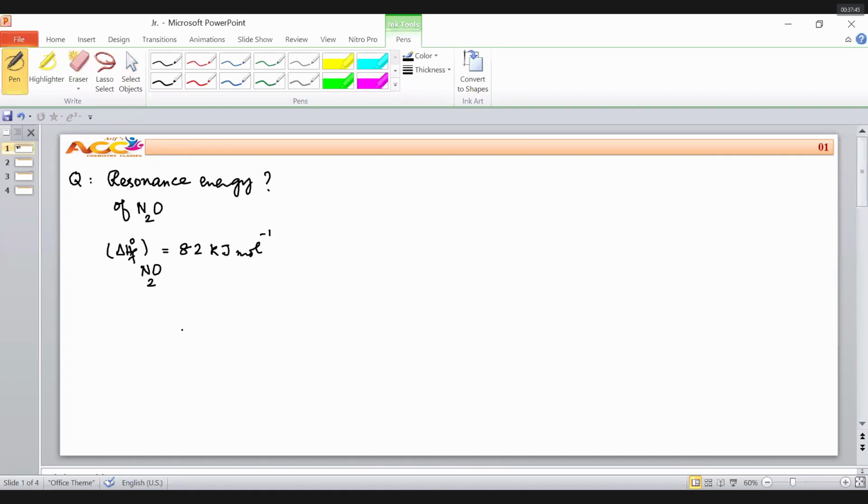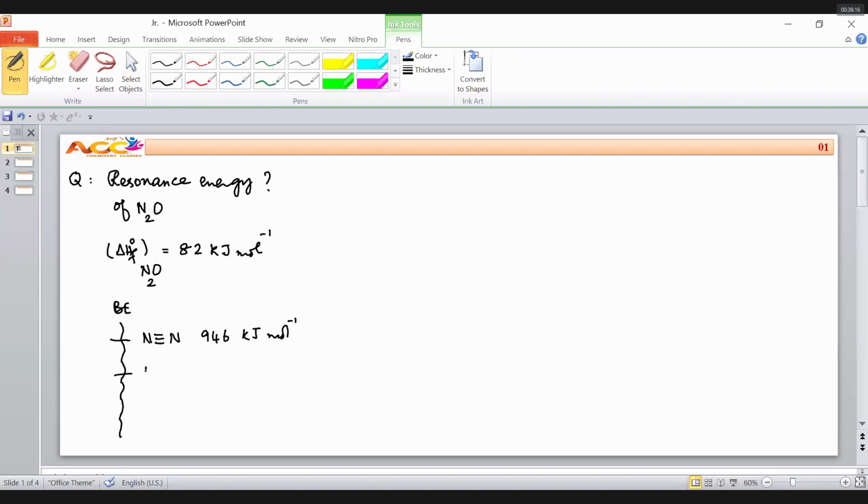Next he said bond energy of N triple bond N, 946 kilojoules per mole.